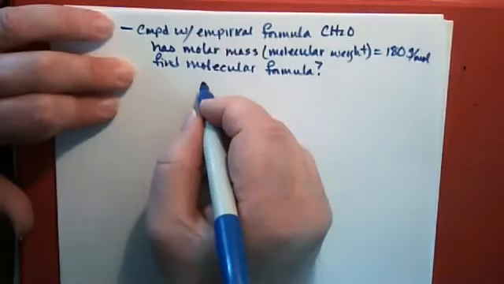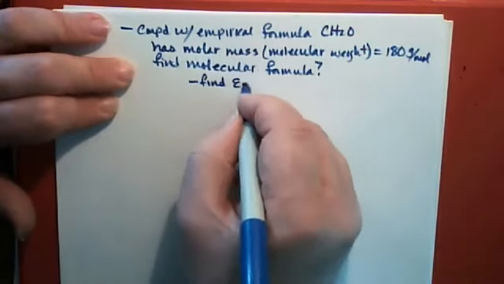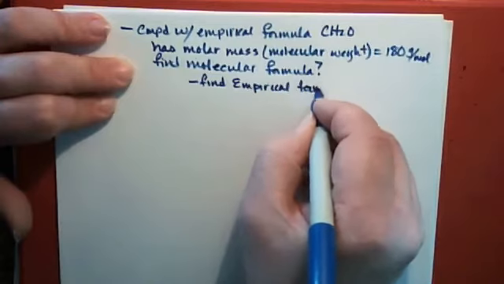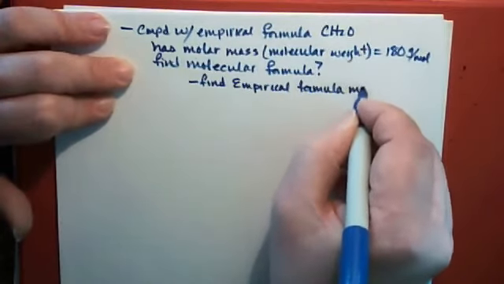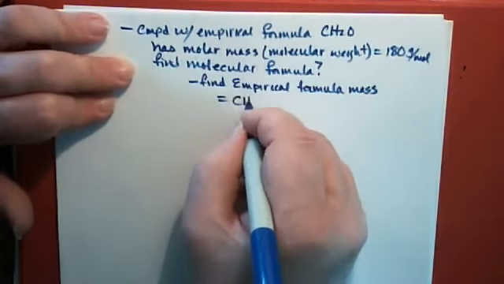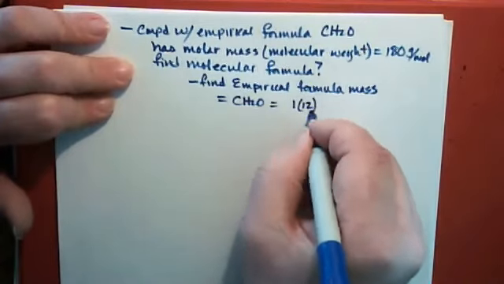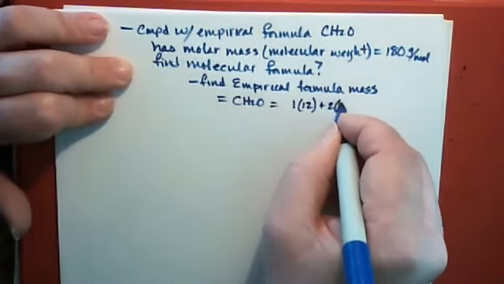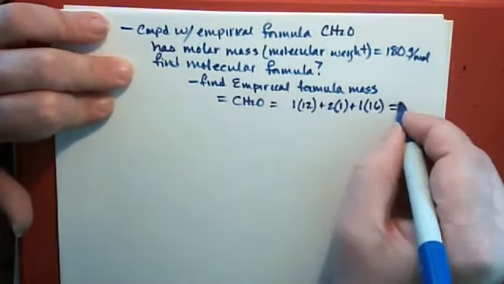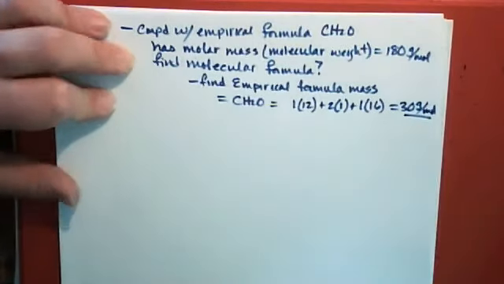Well, what we have to do is find the empirical formula mass. And that will be CH2O, so it's 1 times 12 plus 2 times 1 plus 1 times 16. And that's 30 grams per mole.